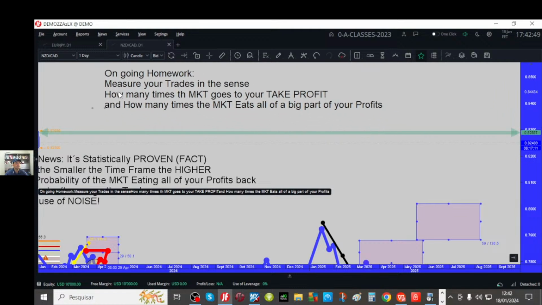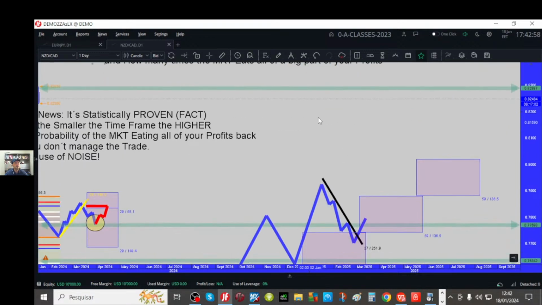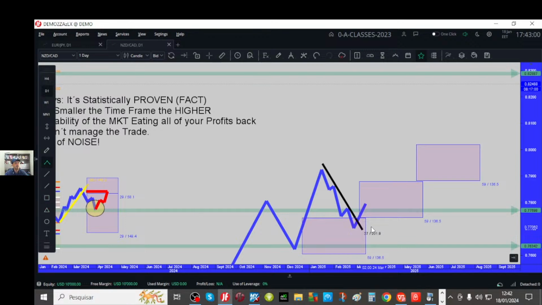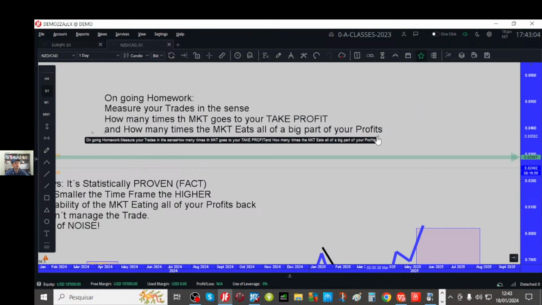Measure the trades in the sense of how many times the market goes to your take profit, meaning you have a plan and the market goes with the plan. And also measure how many times the market eats all or a big part of your profits.